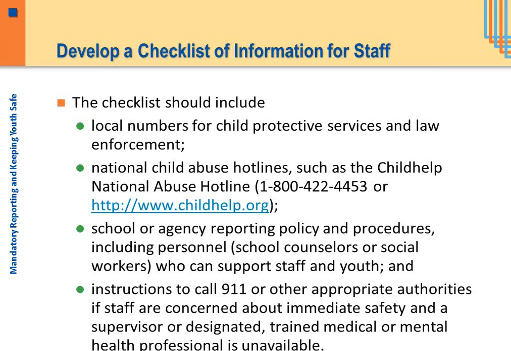You'll also want numbers for school counselors or consultants, health or mental health consultants, social workers to your project, and clearly laid out instructions to call 911 or other appropriate authorities if you're concerned about immediate safety. And obviously you always contact your supervisor, but if somebody is unavailable and you're concerned, then err on the side of 911.